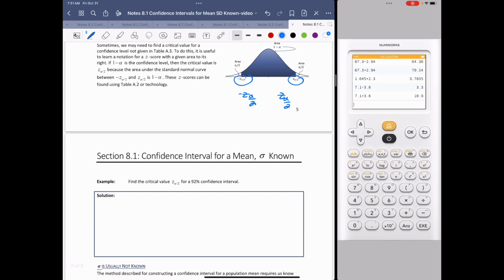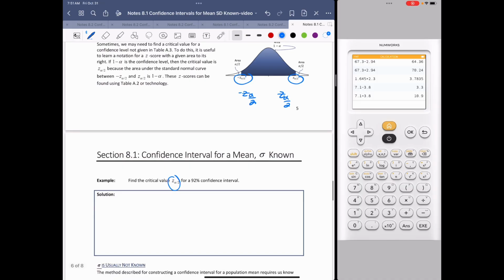All right, now back to this. I want a critical value. Z of alpha over 2 is a critical value for 92% confidence. Now, here's what I want. I want the middle curve, the center tail, to be 0.92. And I'm going to get a negative Z of alpha over 2 and a positive Z of alpha over 2.